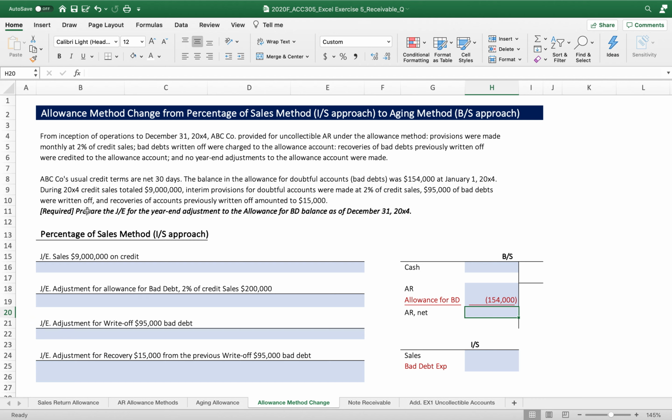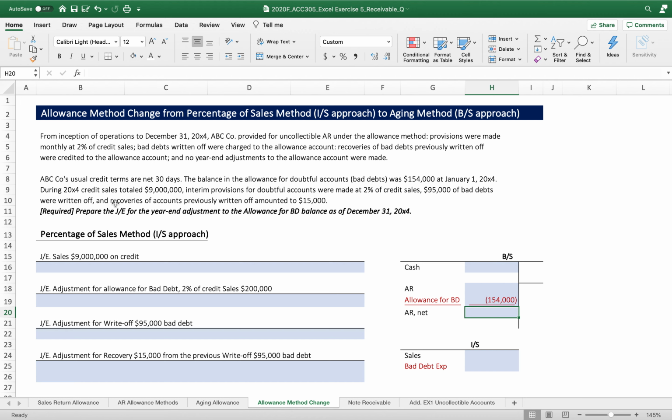We accumulate the allowance for bad debt beginning plus additional 2% of $9 million in credit sales. So that is the provision allowance for uncollectible account amount. Out of this amount, we have written off the 95,000 of bad debt that will never be collected.